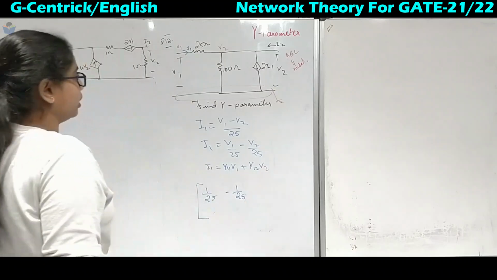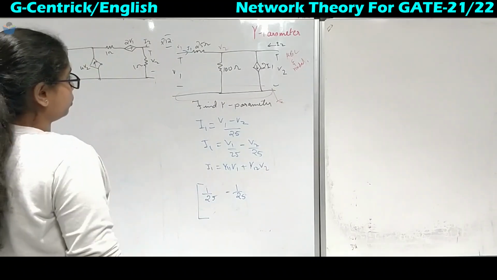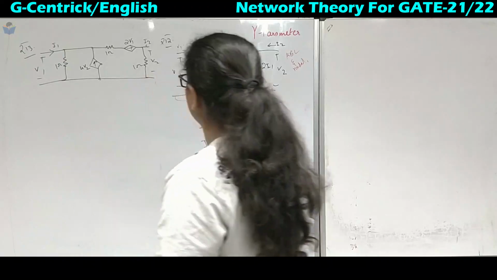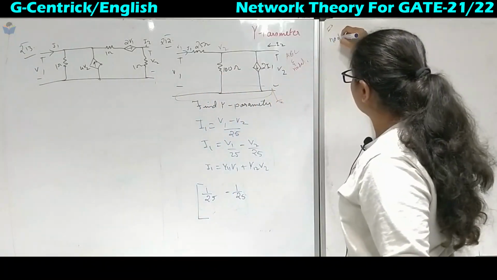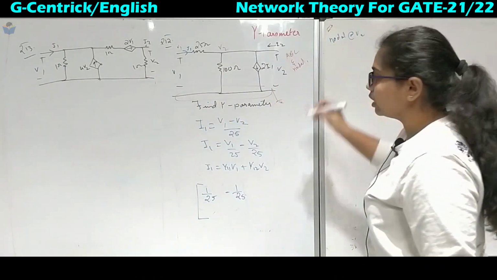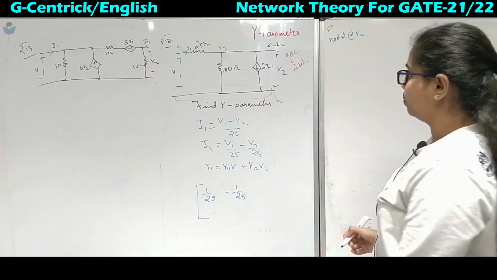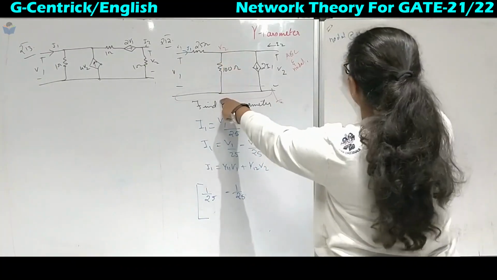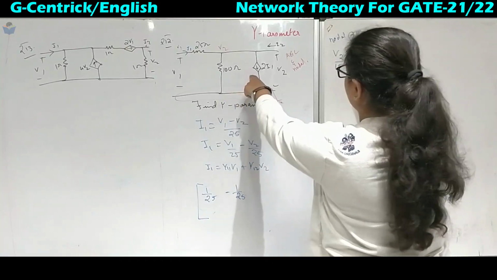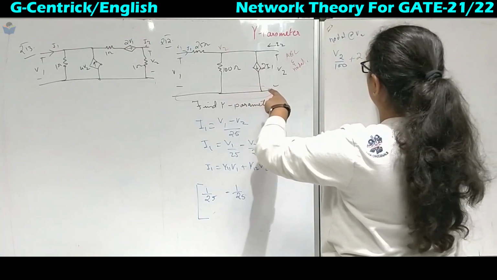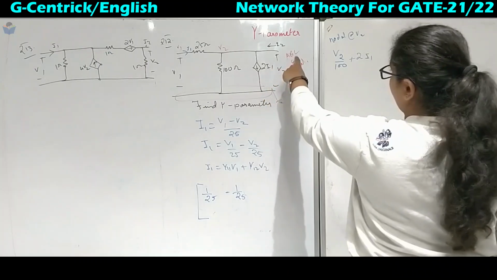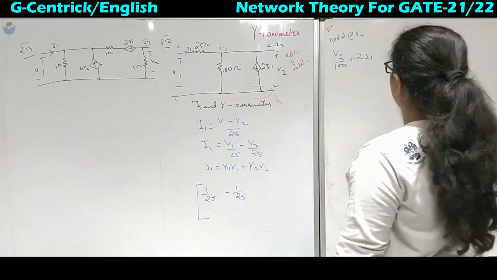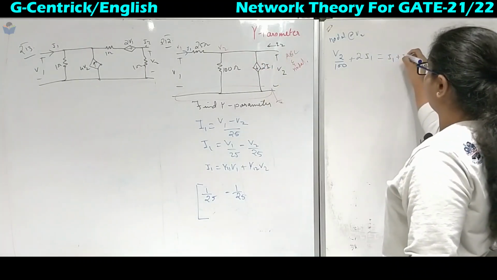So now we have to get the other row, right? For this one we will apply nodal at V2. So when we apply nodal at V2, this is incoming, so the current we will write later. This is V2 by 100, this is the outgoing current 2I1, and we have this as incoming current I1 plus I2.